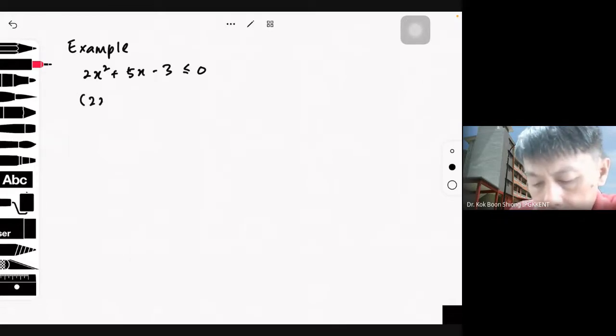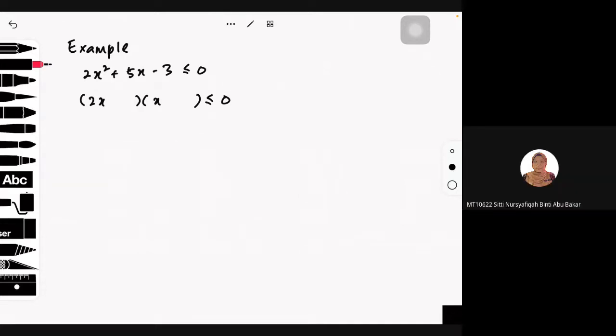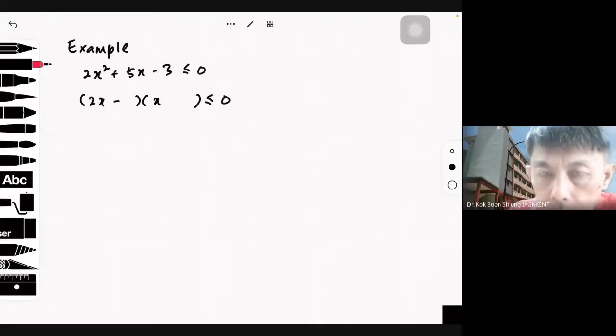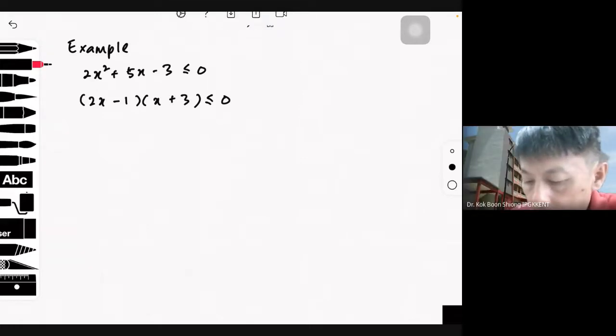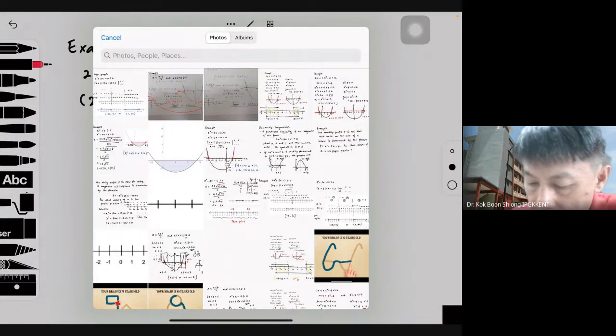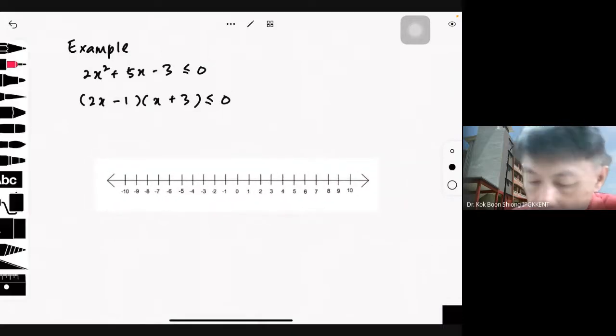So 2x minus 1 and plus 3. Okay, then we use the number line.